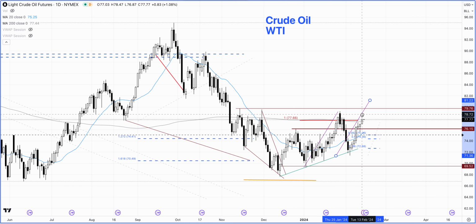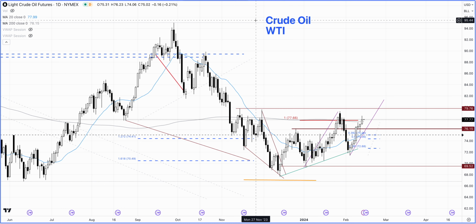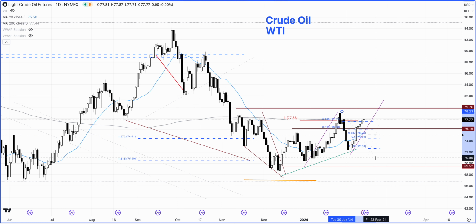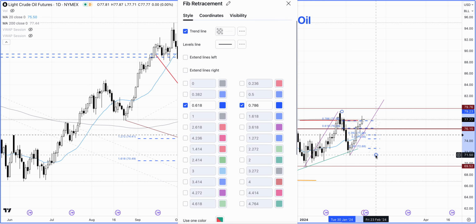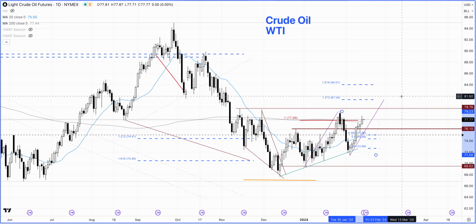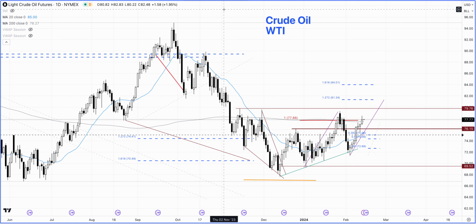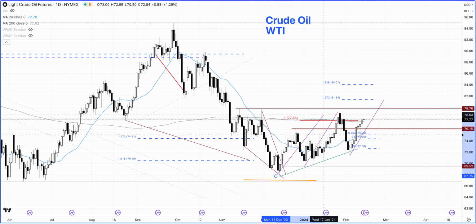Here we go, and if we just take the expansion levels and 1.272, the ABCD and 1.272 form a confluence level here with this one, and then if we are looking at the bigger one, so this is going to be the bigger one.